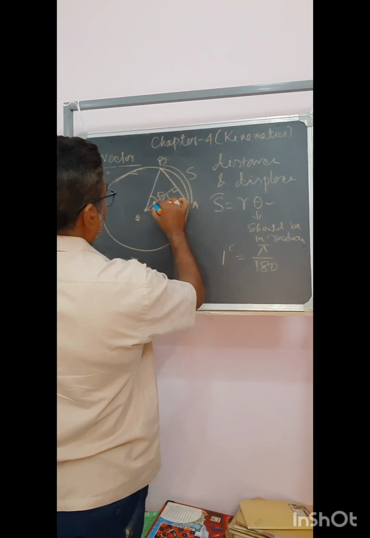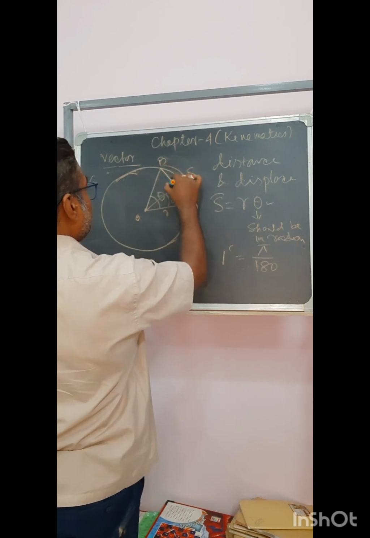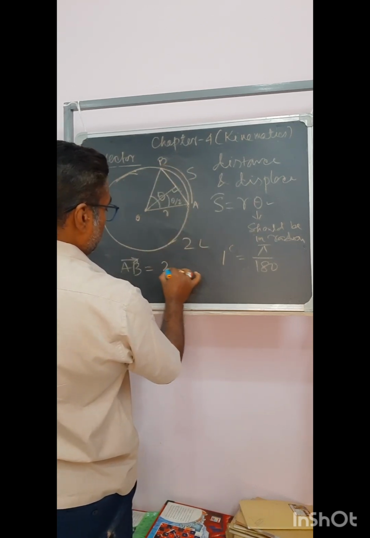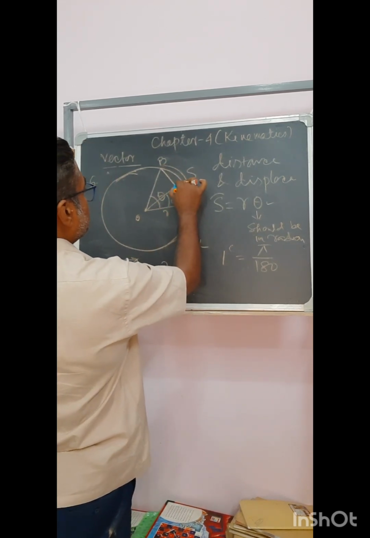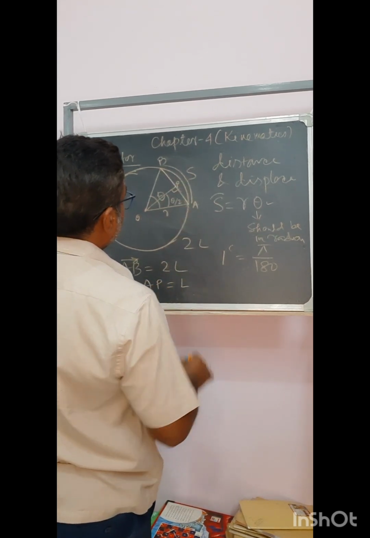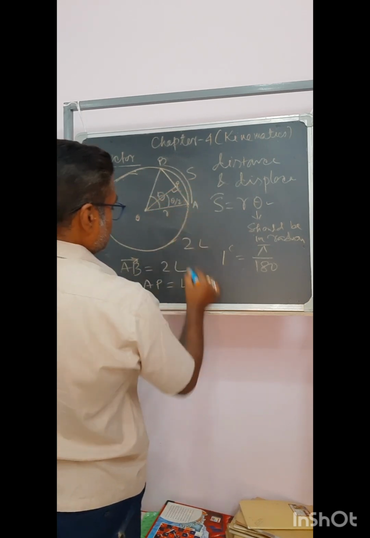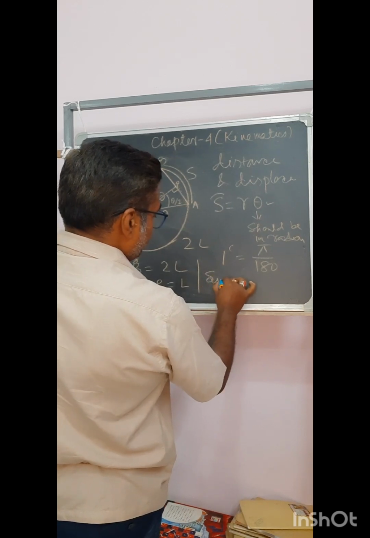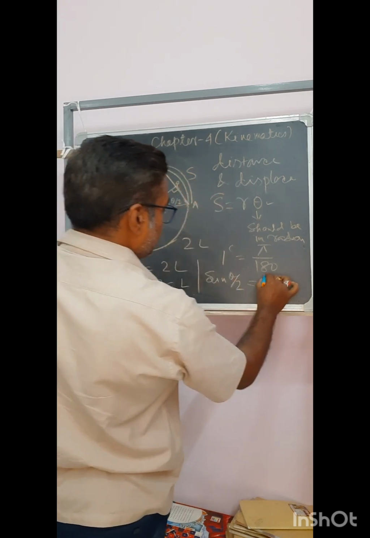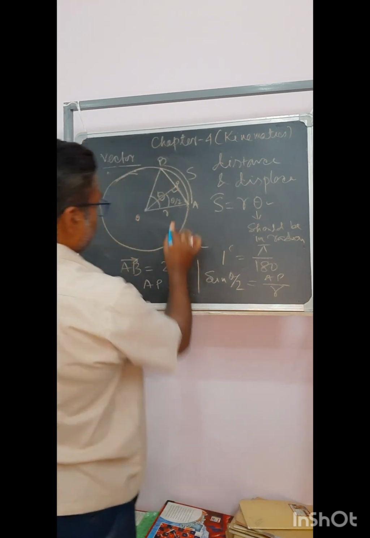If I assume the total length AB is 2L, and P is the midpoint, then AP is equal to L, and this is the radius. So sine of theta by 2 is equal to AP by the radius R, the hypotenuse.